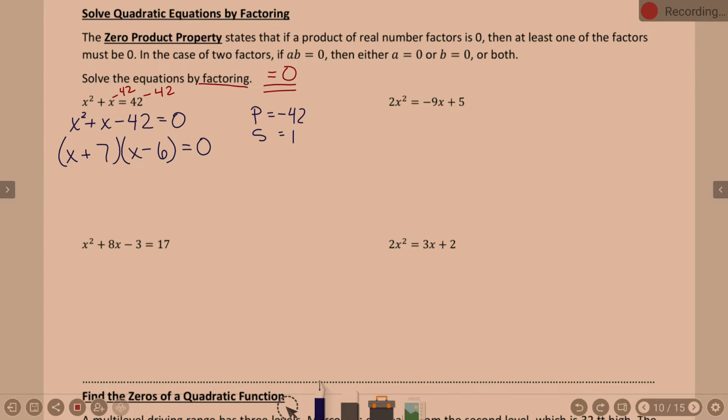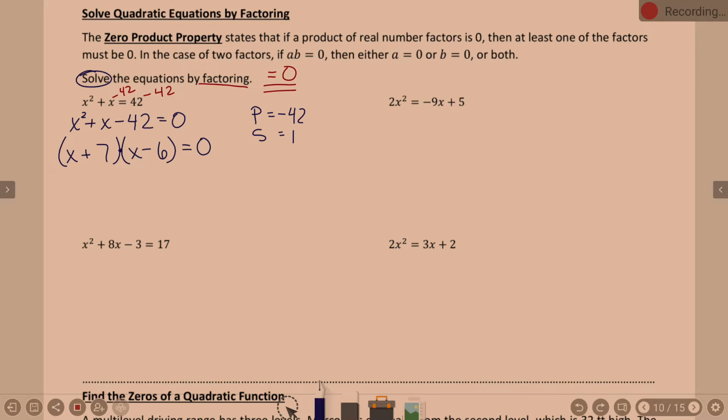Now, on Friday we were done. It said factor, we were done. If your homework says factor and there's no equal sign, you're done right here. But I wasn't told to factor, I was told to solve. This is where the zero product property comes in. I have two factors, x plus 7 and x minus 6, that multiply to equal 0. What do we know?